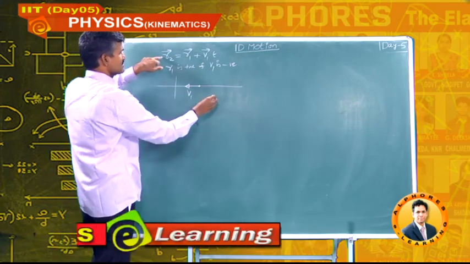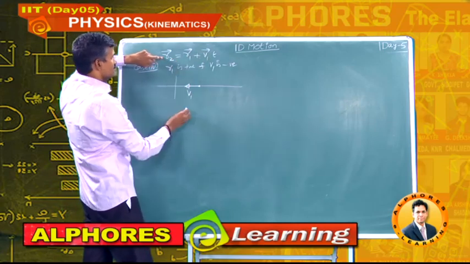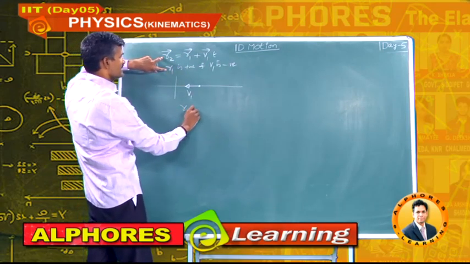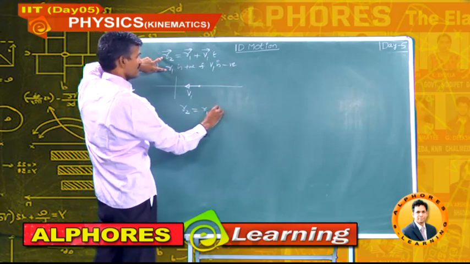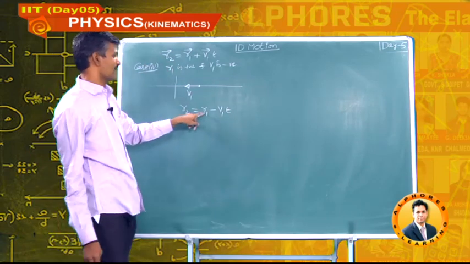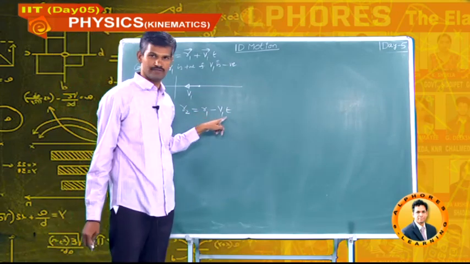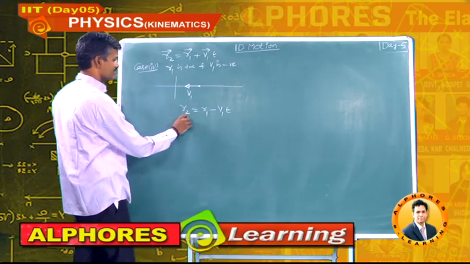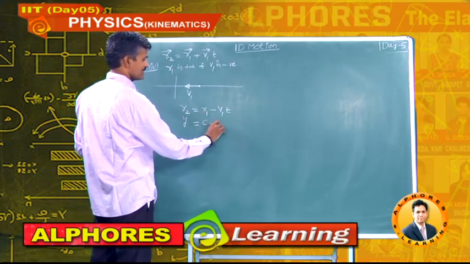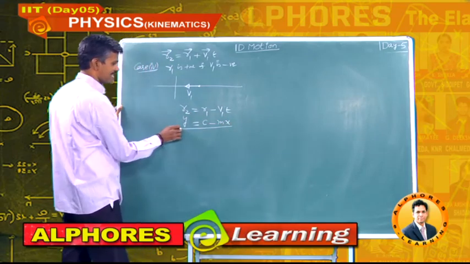If you consider its velocity negative, position positive, R2 can be written as R1 minus V1 into t. So, here graph is like y is equal to some constant minus mx. This is regarding graph.